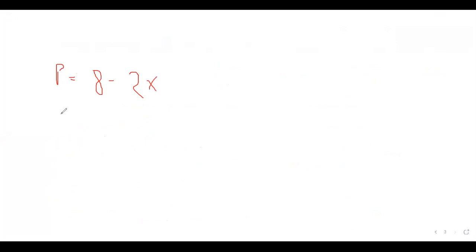So can somebody remind me, how do we find total revenue? Total revenue is equal to price times quantity. So what is our price in this case? 8 minus 2x. And what is our quantity?